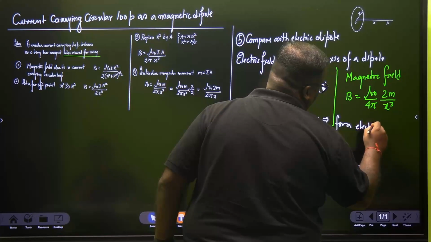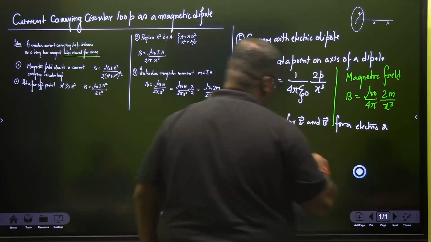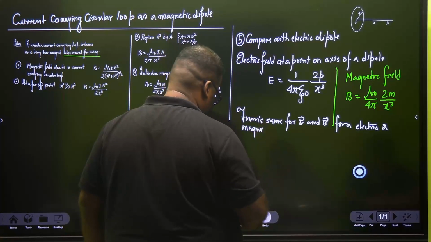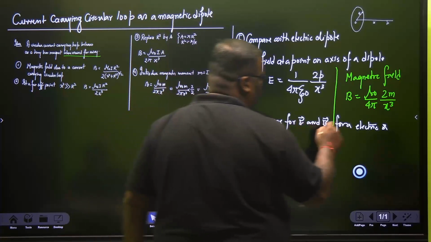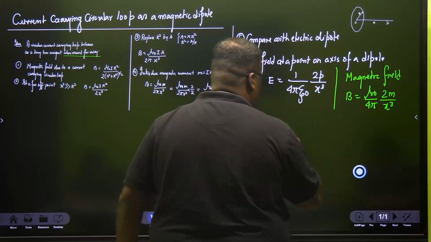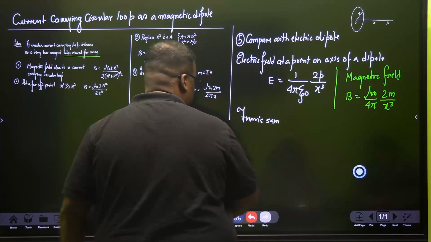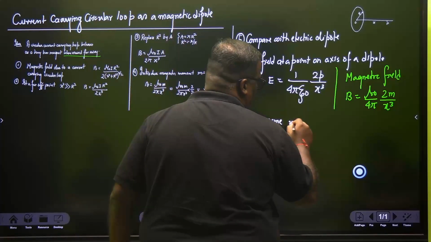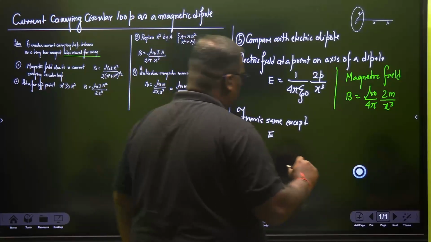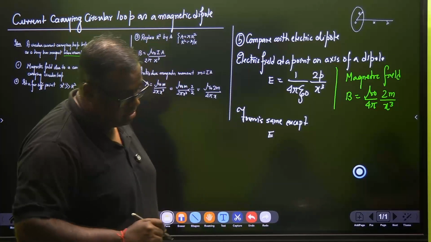For electric and magnetic, rather than writing it like this, we'll say the form is same, except this is electric field and this is magnetic field.